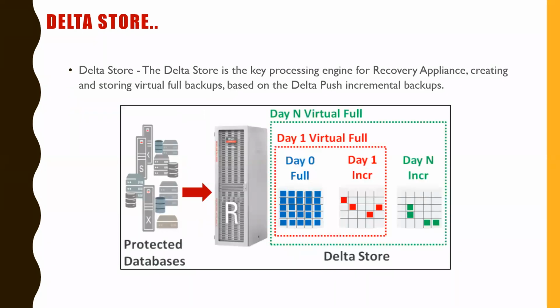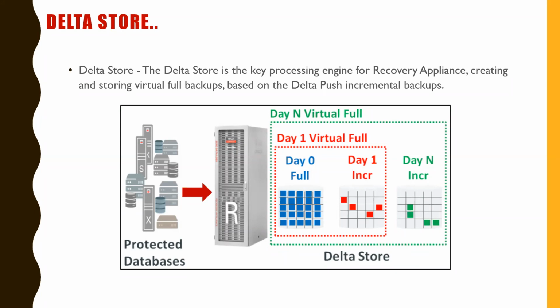So the delta store is how the virtual backups will be stored on the ZDLR appliance. In this example, in the blue color, it shows that day 0 is the full backup, whereas day 1 is an incremental backup. For example, after 1 week, I have performed an incremental backup.